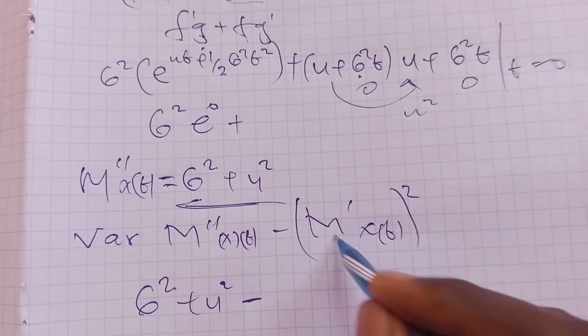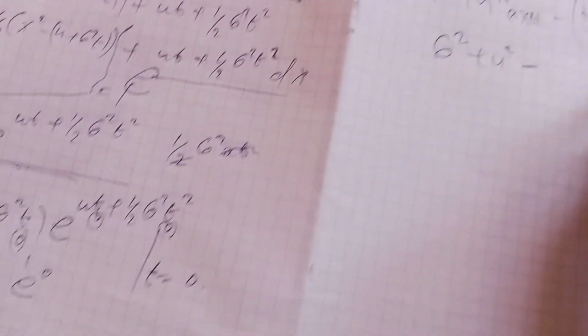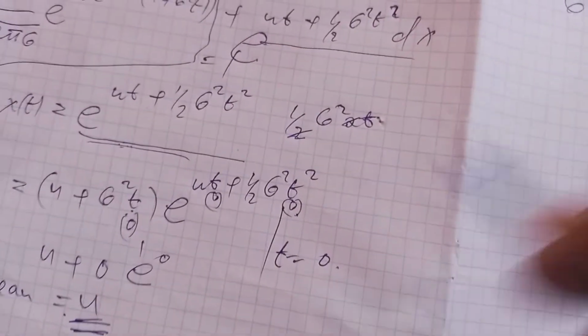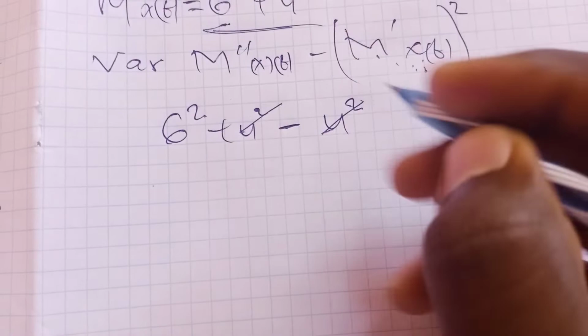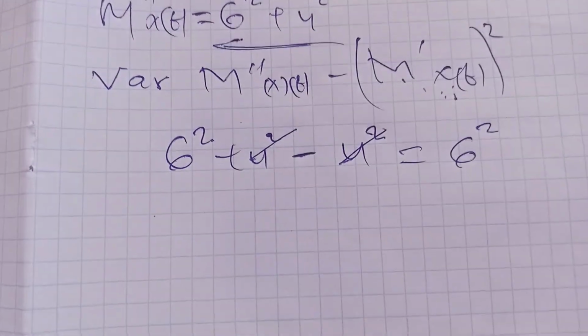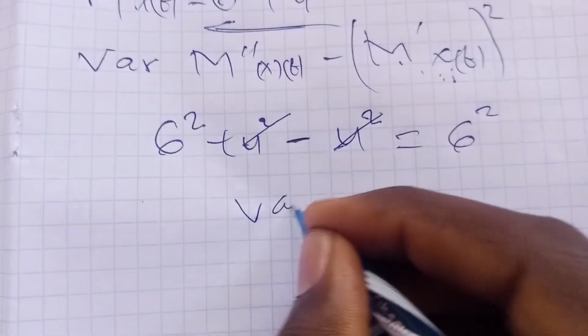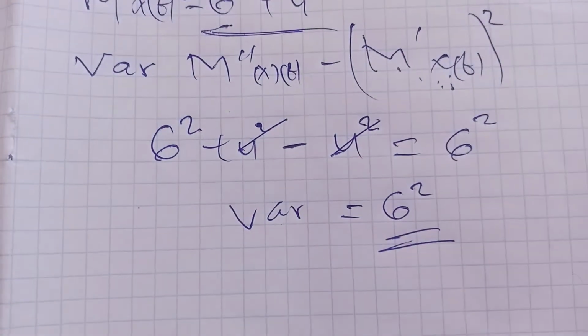You subtract the mean squared, and we found the mean being u. So I'm going to subtract u squared. So I'm going to cancel this. I'm going to be left with sigma squared. So the variance will be sigma squared.